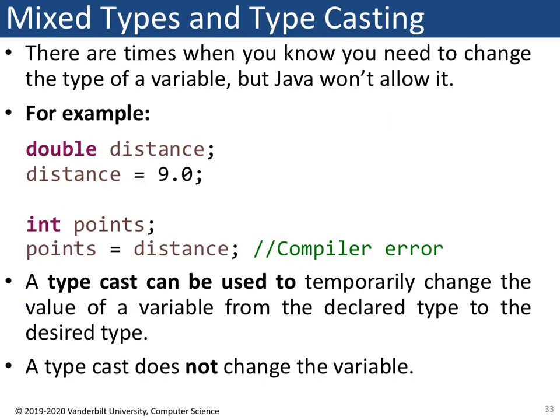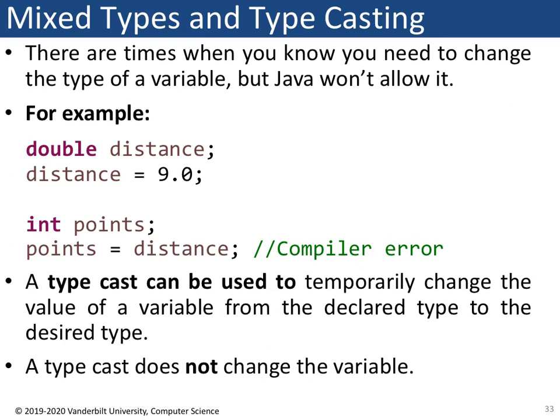So in the previous slide, we discussed situations in which some data types can be promoted or coerced into other data types without losing any precision. However, there are situations where you need to go the other direction. You know, in the reference from the previous slide, we need to go from, say, a long to an integer, but Java won't let us.